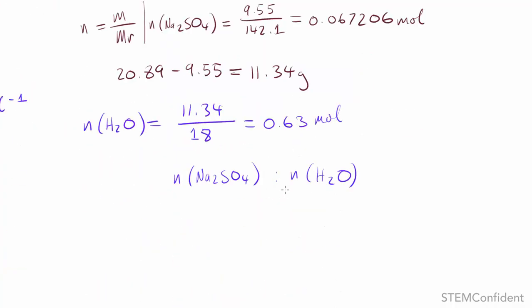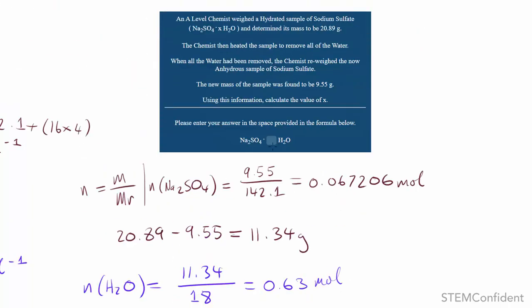For H2O, as we worked out, it's 0.63. For Na₂SO₄, as we worked out as well, it's 0.067206.